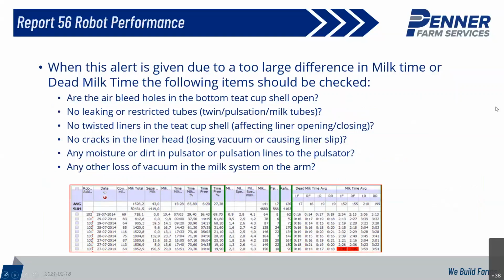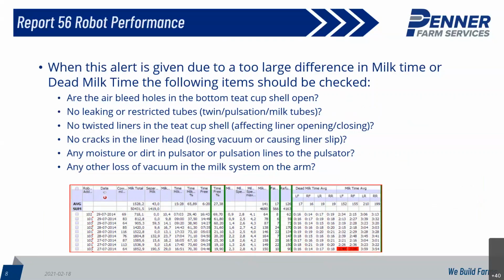You can see here on the bottom that robot 103 has a red bar, which is an alarm. So that means that the milk time between left front and right front is starting to run out. So things to check when you see an alarm like that: air bleed holes, any of them plugged, leaking or restricted tubes, twisted tubes.